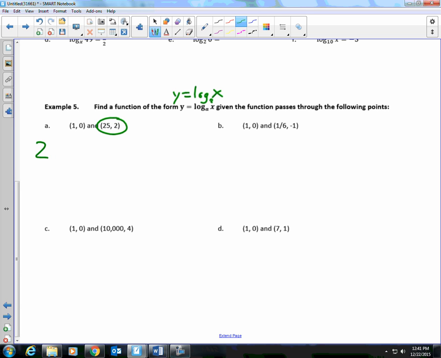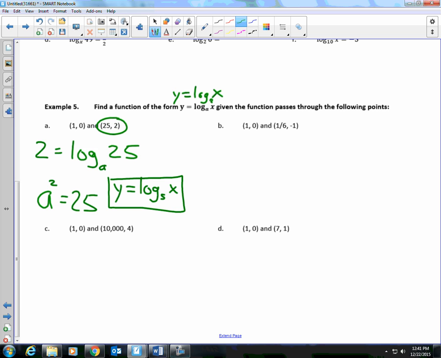Y is 2, so 2 is equal to log base a of 25. That means a raised to the second power is equal to 25. So what would a be? 5. So my equation is y equals log base 5 of x.